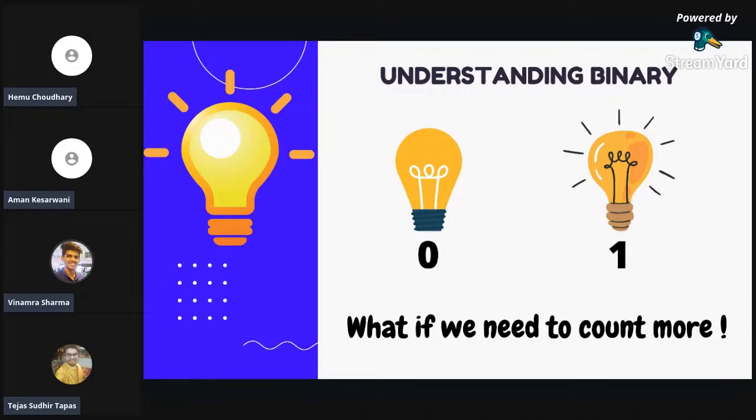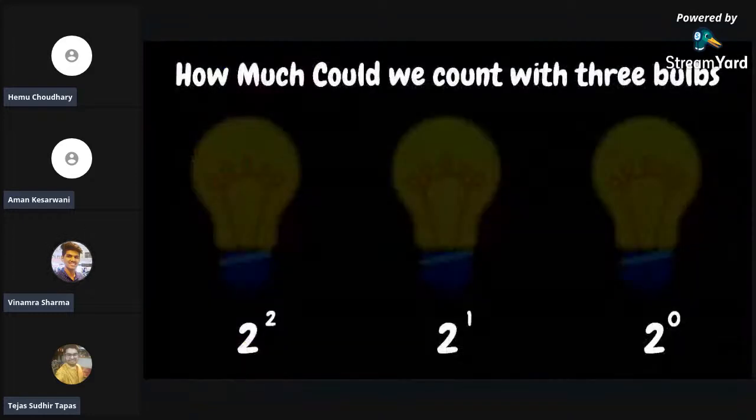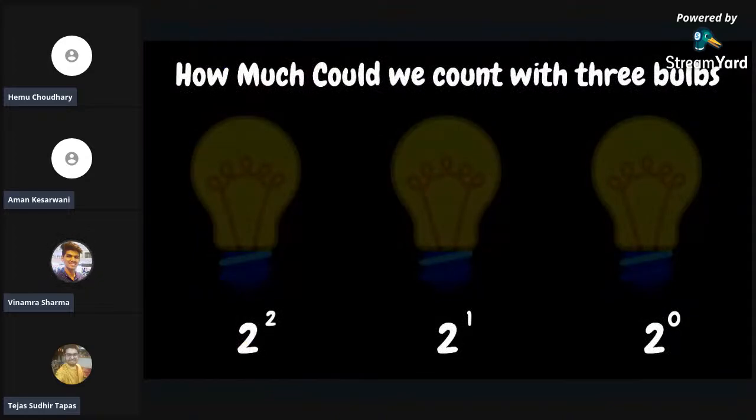So moving ahead, what if we need to count more? Of course, we know there are numbers which are more than 0 and 1. We have numbers in the trillions, and it goes up to the possibilities or the imagination as much as one can imagine. So, for solving that part, let's hop to a different example.